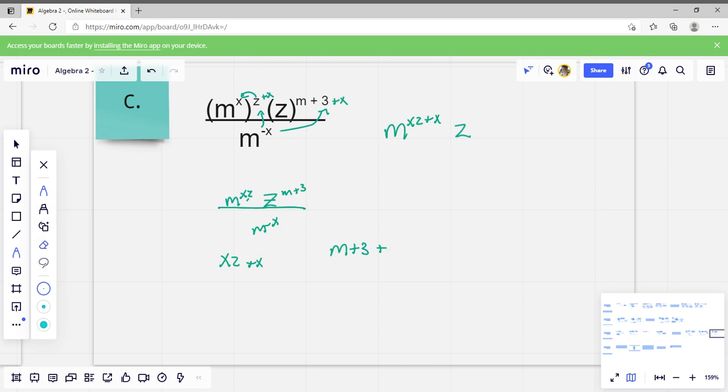No, we don't have to do it on that side, because that's a z. m and z don't go together. So m plus 3. That was easier than I thought it would be. xz plus x and m plus 3. Easy peasy. Alright, that is it for lesson 83.